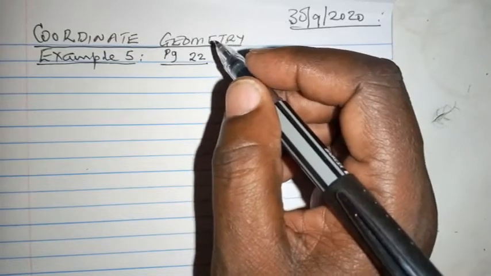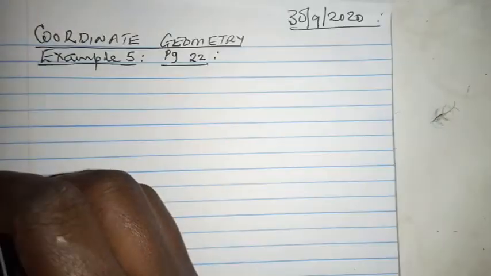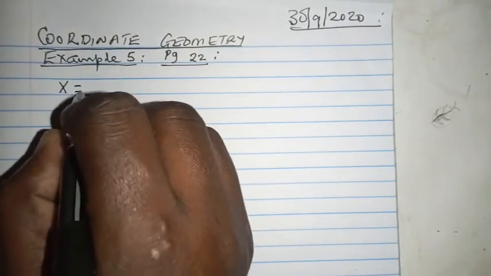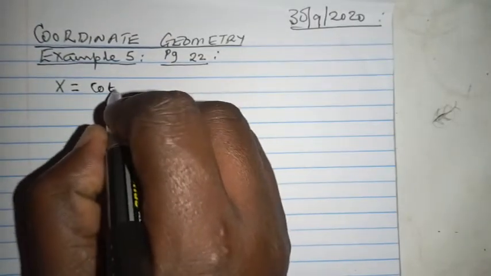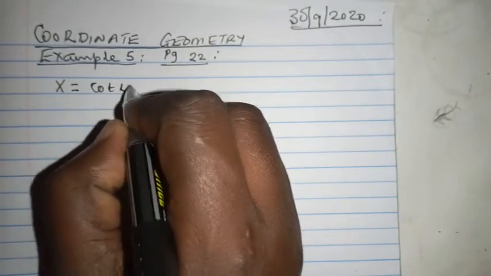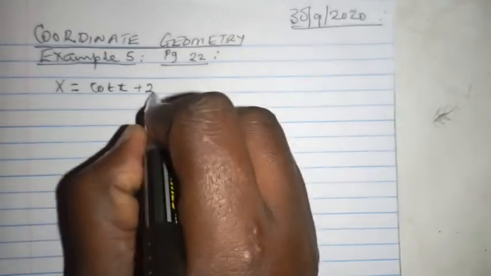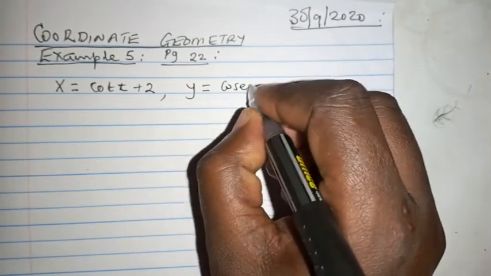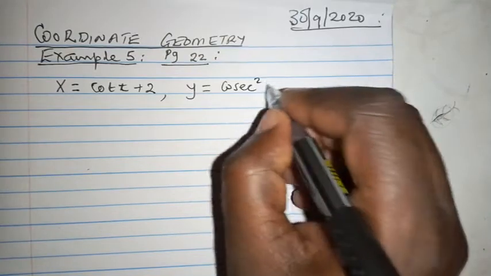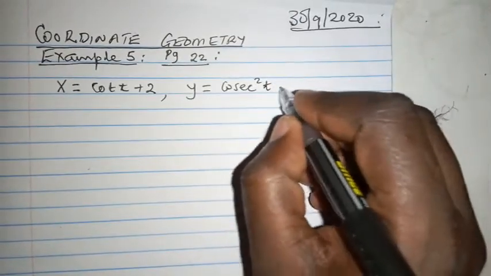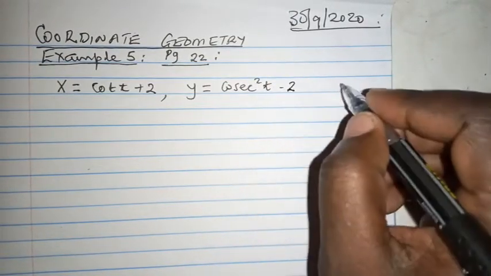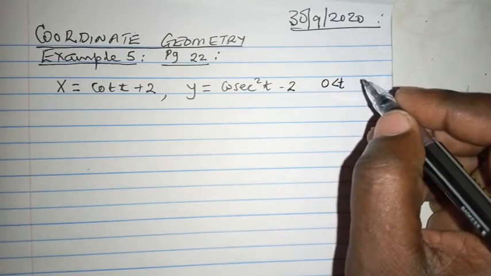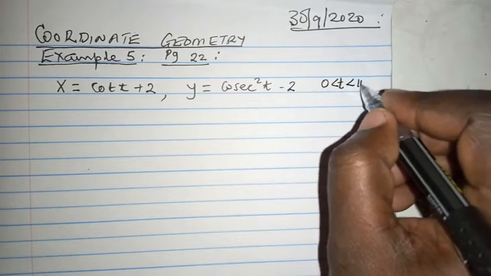A curve C has parametric equations given by x equals cot t plus 2, y equals cosec squared t minus 2, where t ranges from greater than 0 to less than pi.